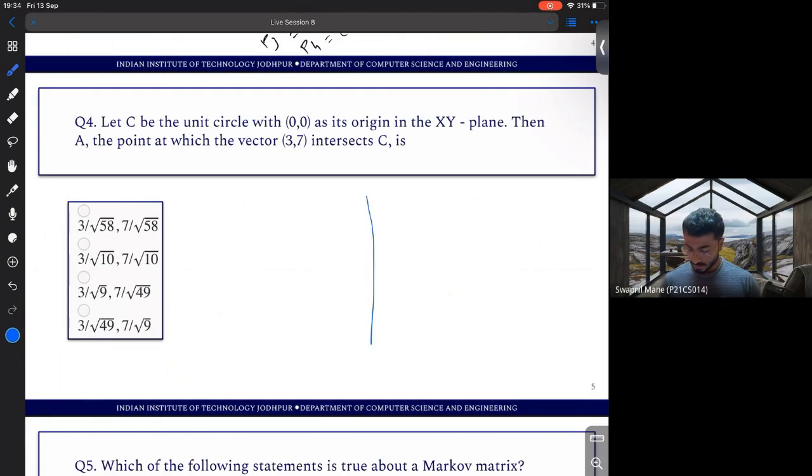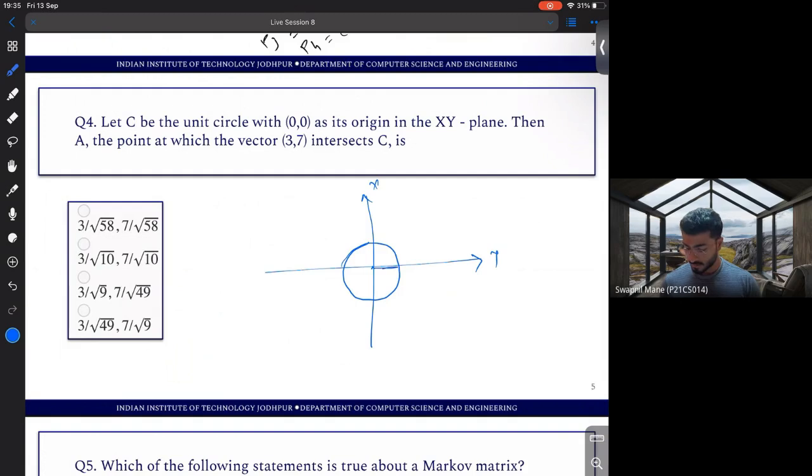Okay, so let's draw here. Here is x, y, and it is saying that there is a unit circle. Unit circle means that the radius of that particular circle is one unit, and the center of the circle is at the origin of the x-y plane coordinates, which is C. So this is how it is represented.